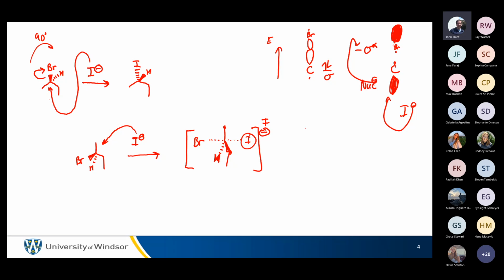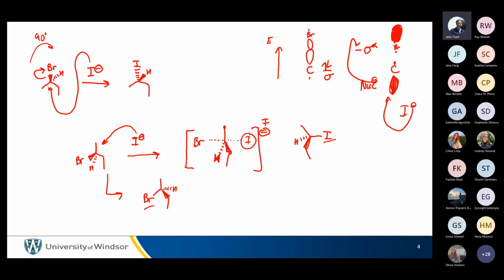And then this resolves itself to give me that product. So I started with another way to draw it, just rotating this a bit. I started with that, and I've gone to that.